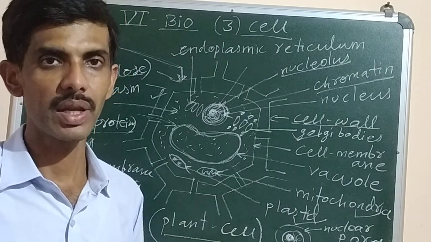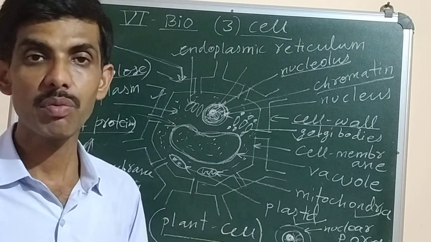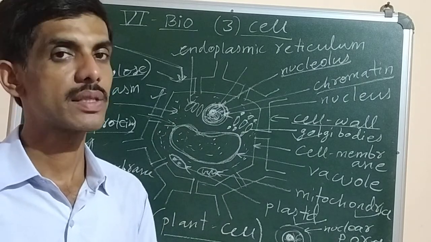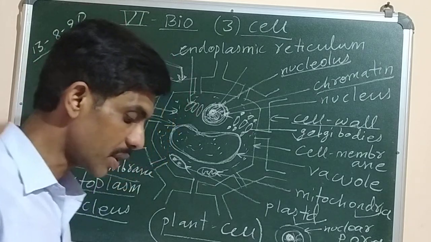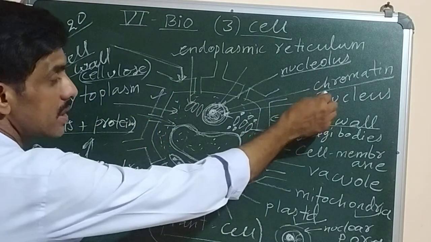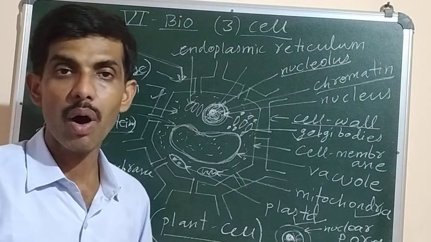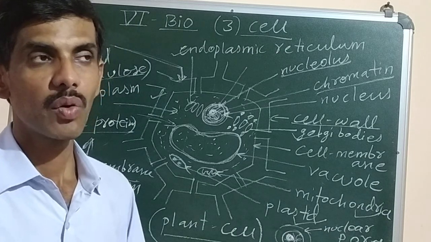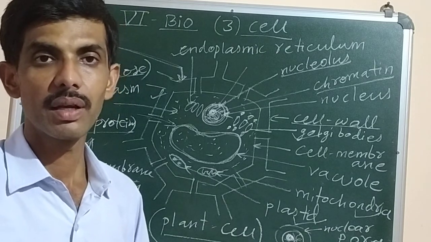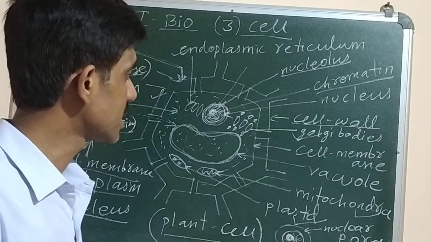It is the nucleus. And the nucleus is present in all the living cells. If the nucleus is not there, then the cell will not remain alive. Now next, during cell division, this chromatin network becomes thick to form chromosomes, and the chromosomes help in carrying genetic information from the parents to their children.